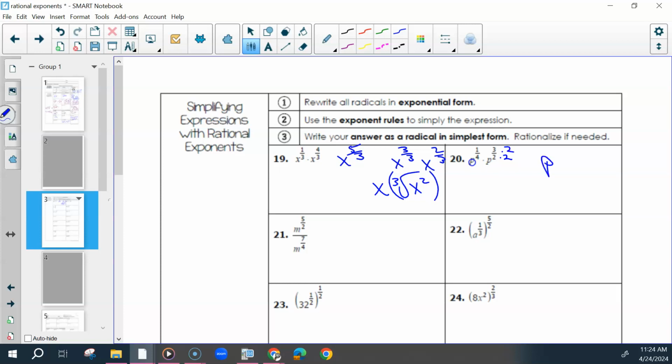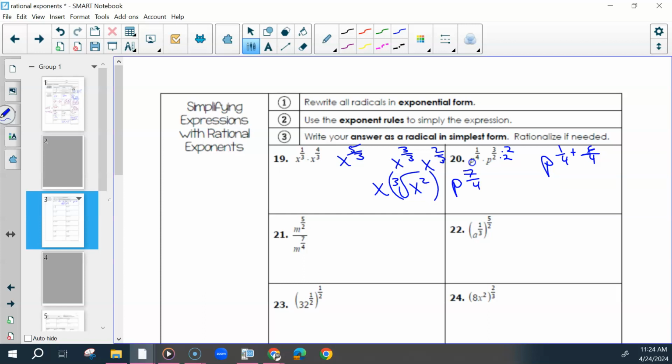So we have p to the 1/4 plus 5/4. What would our new fraction be? P to the 7/4.